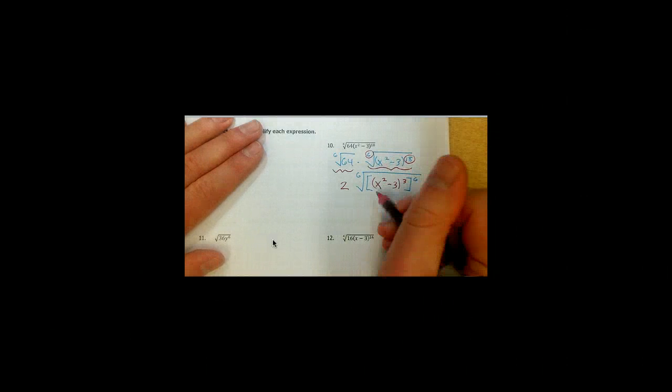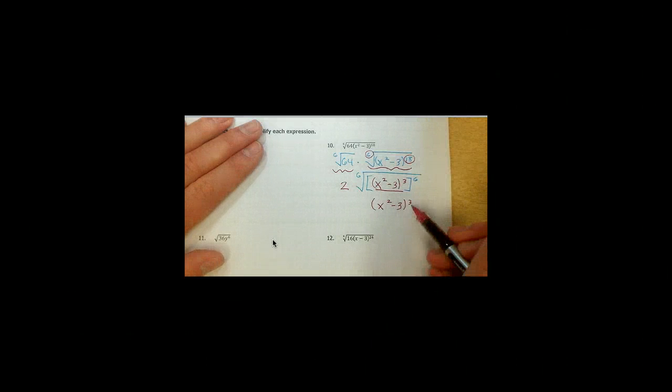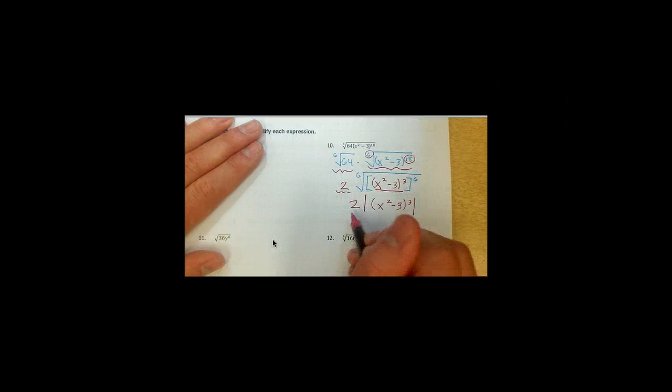When we take the sixth root of it, we're just going to get this part here I have in red, x squared minus 3 cubed. So notice the resulting power is odd. Even, even, odd, that's when you have to use your absolute value bars. So we have the absolute value of x squared minus 3 cubed, and then this 2 out here just gets brought down. So this here would be our answer.